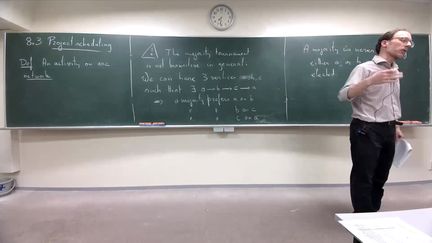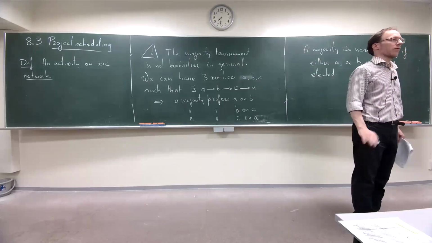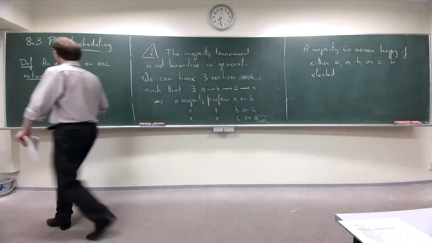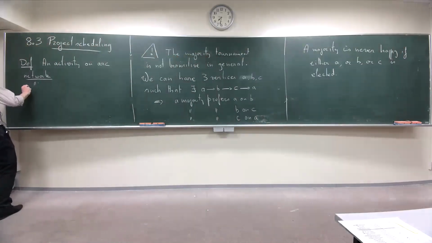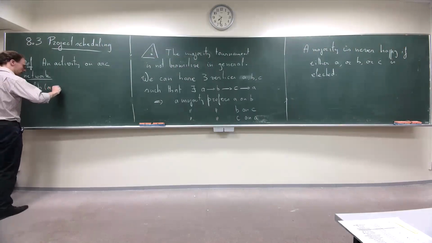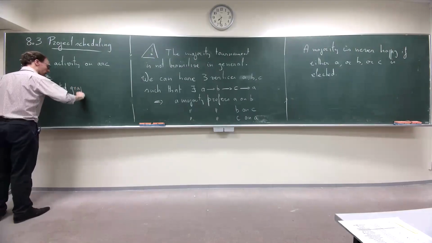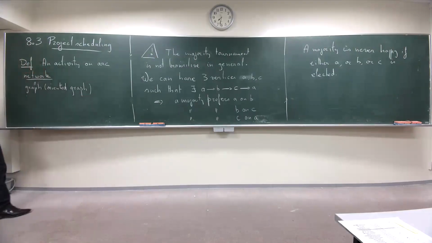And usually network is for oriented graph. So don't be surprised. Here you can just take it as a synonym of graph, and more precisely oriented graph. Not always, but quite often. It depends who is writing the books and what is the topic.